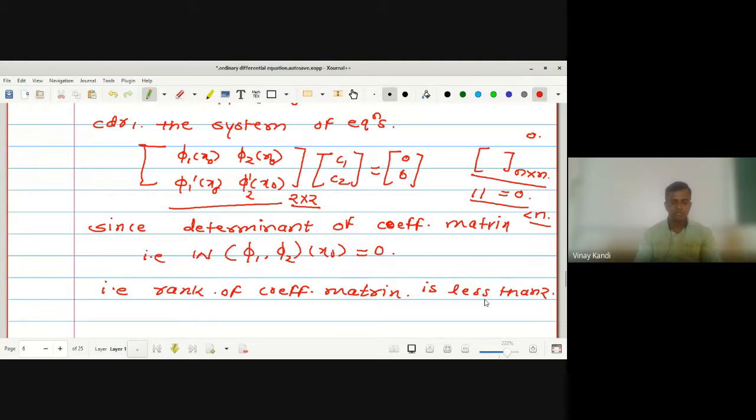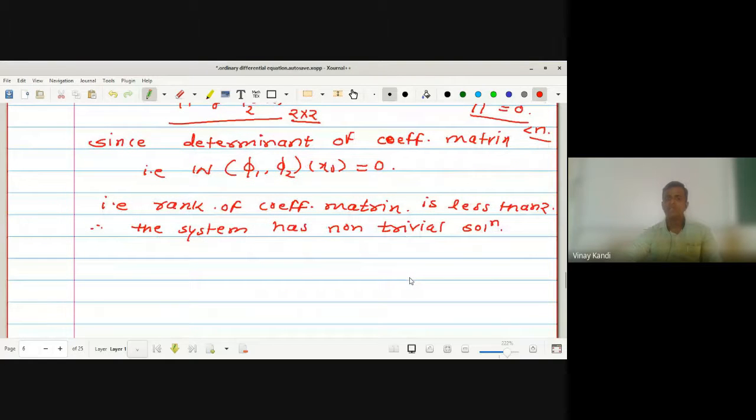Therefore, the system has a non-trivial solution. What is a non-trivial solution? A trivial solution means C1 and C2 must be 0. The trivial solutions are the ones obtained easily, and this is not so easy. If it is trivial, then C1 and C2 must be 0.